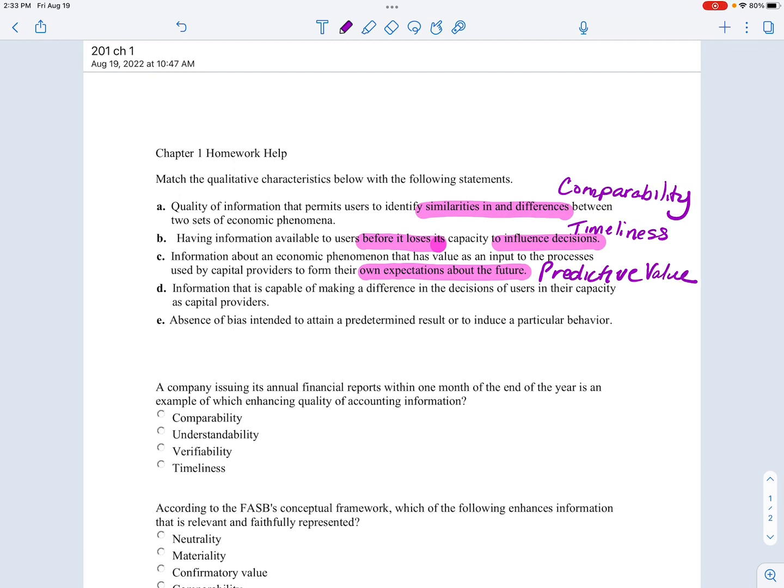In D, it says information is capable of making a difference in the decision of the user. That's the key terms there, the difference in the decision, compared to the differences between two different sets of data. Here we're looking at differences in decision, and that then talks about relevance.